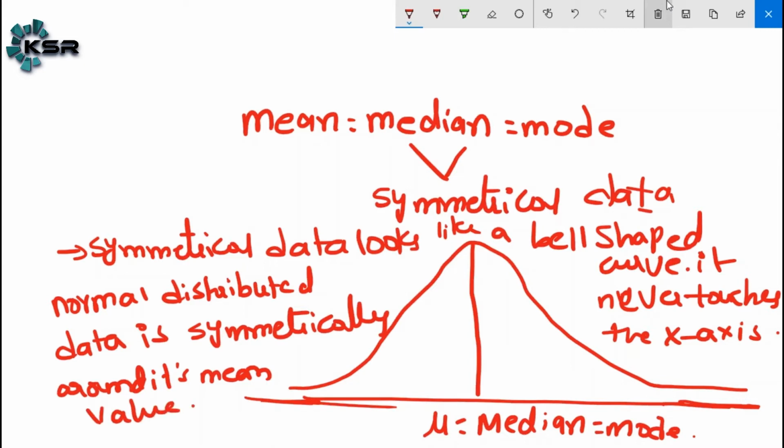Mean is equal to median is equal to mode. That is called symmetrical data. Symmetrical data looks like a bell-shaped curve. It never touches the x-axis. This is the line that we draw.